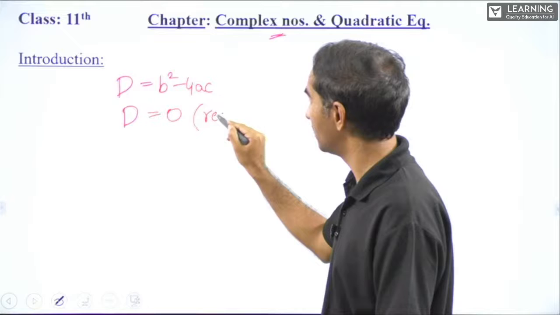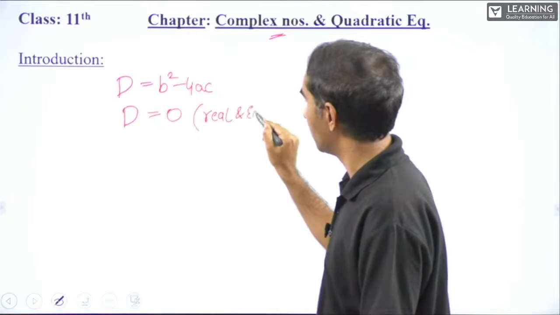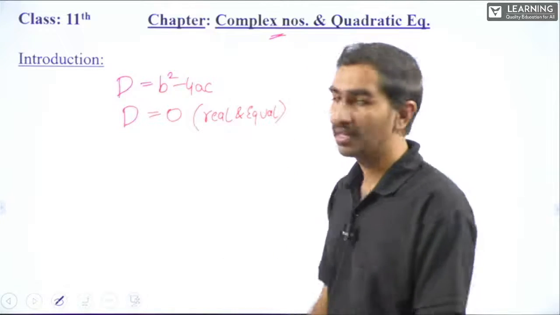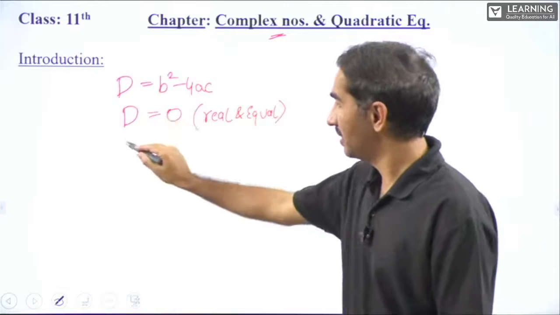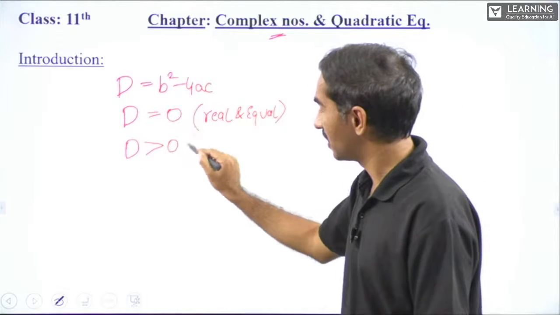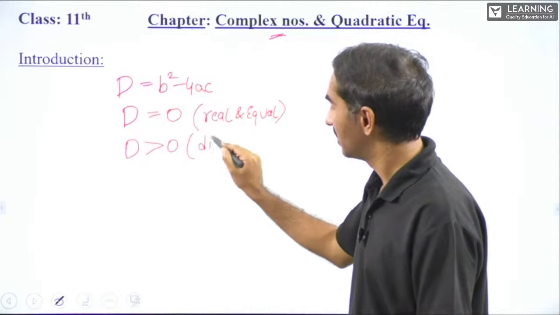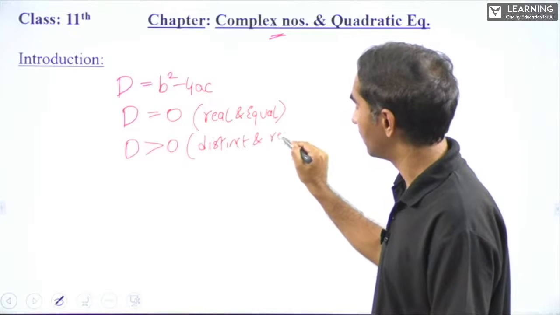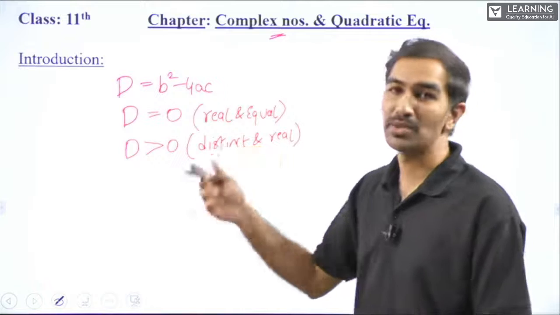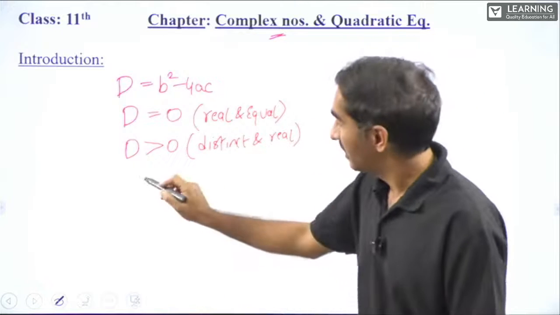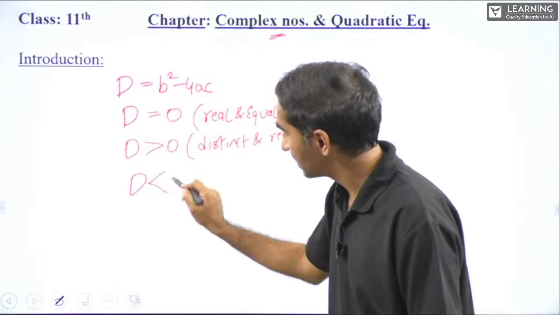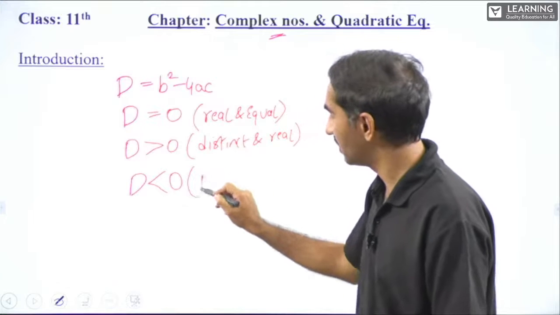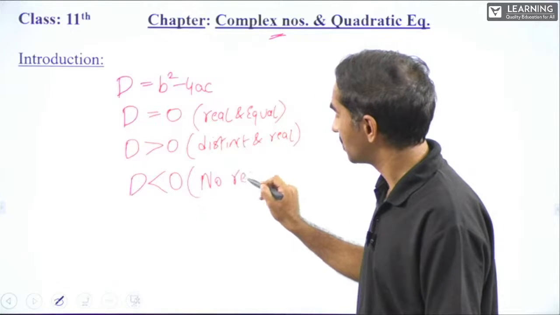The roots are real and equal, correct? And if the discriminant is greater than 0, then how are the roots? The roots are distinct, which means different, and real. Equal means the roots are equal. Now, but when we had D lesser than 0, what we had written here? No real roots.